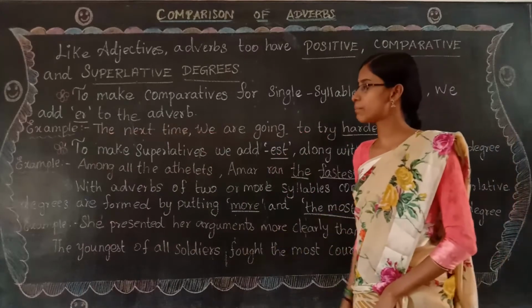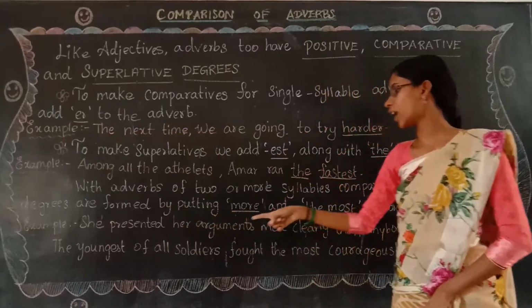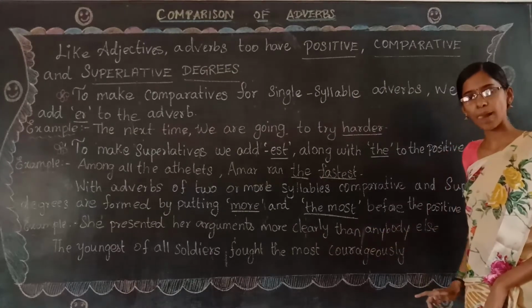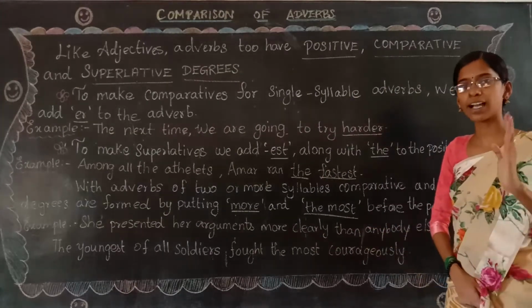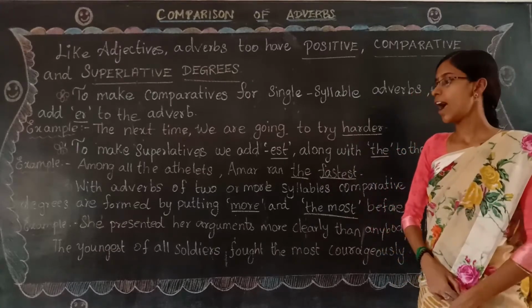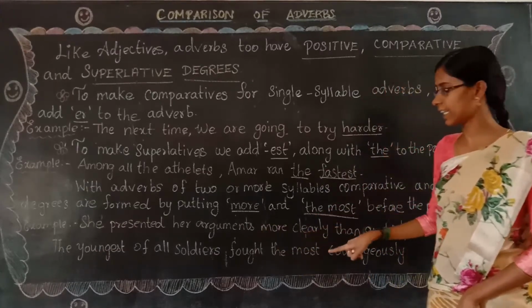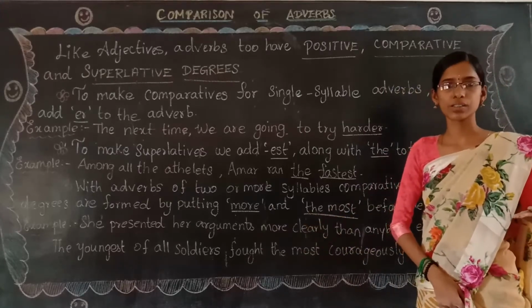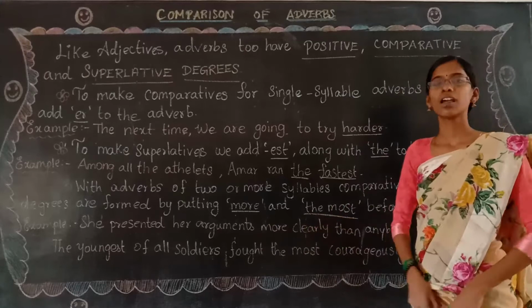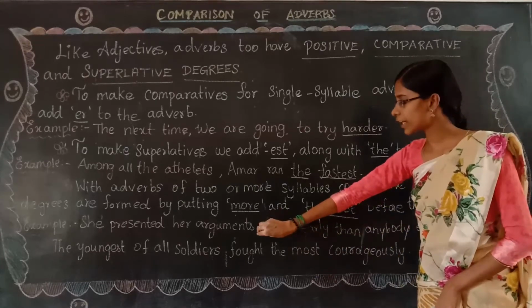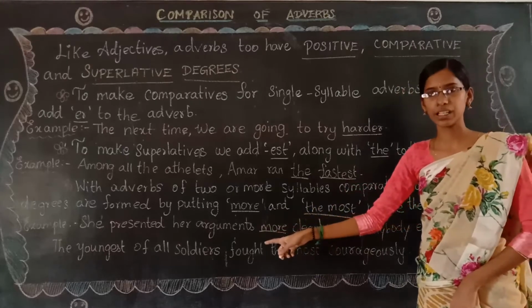Now see an example here. She presented her arguments more clearly than anybody else. Here we are comparing her with someone, so while comparing we have to use "than". Here, clearly is a word with more than one syllable. This is not a single syllable word, so we have to add more in front of the positive degree.